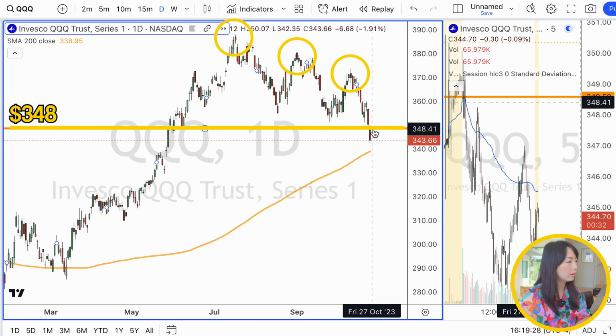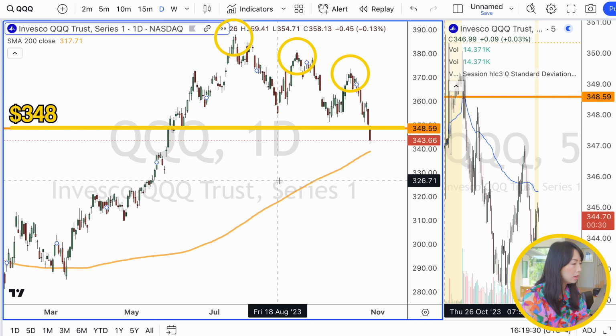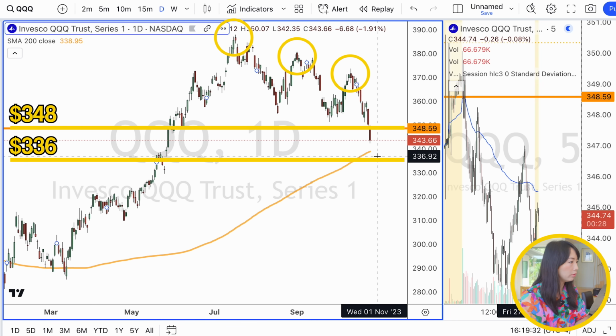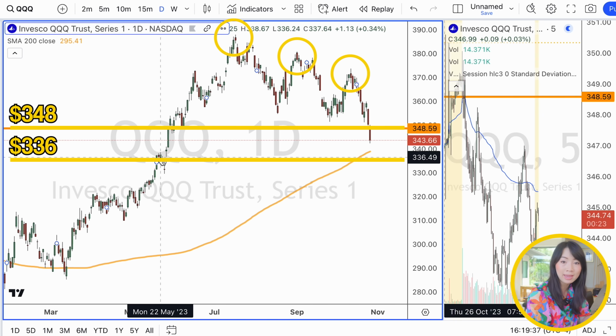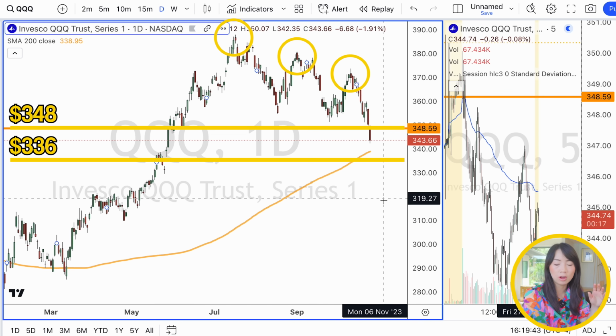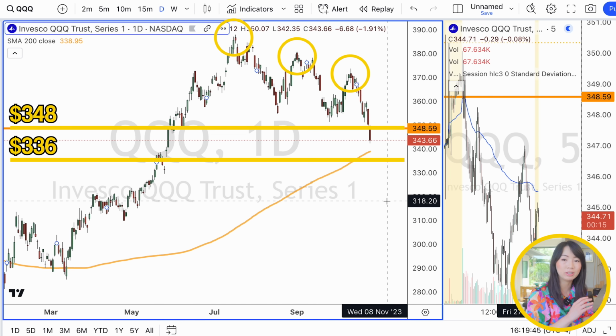Now that we've broken down it, I think we can go and test this area closer to the 200 SMA around the 338, and also that was a support back in May as well. So now that we know the overall market is in a downtrend today, and both SPY and QQQ have more downside, I think we can look at individual stocks to see whether there's corresponding price action to trade.